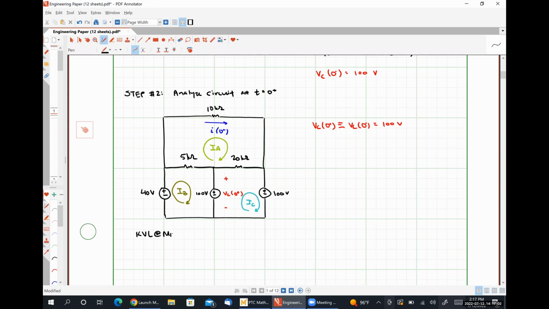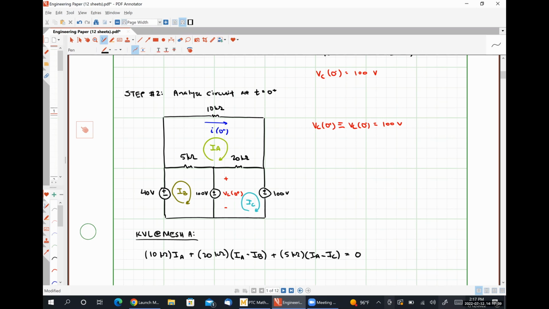Okay. So KVL at mesh A gives us 10 kilo ohms times IA plus 20 kilo ohms times IA minus IB plus 5 kilo ohms times IA minus IC.